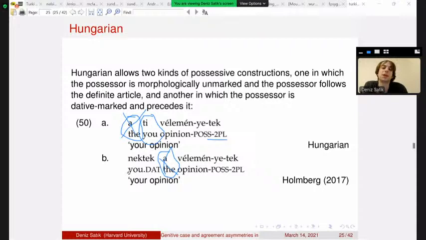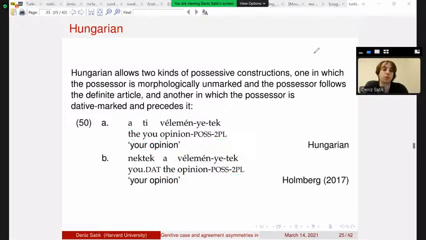Hungarian doesn't have true genitive case, I think, although some people have challenged that in the literature. So in this case, you still have second person plural full agreement on the head noun because the pronoun is simple, even though it has dative case marking. But what happens if the possessor is complex is pretty cool.